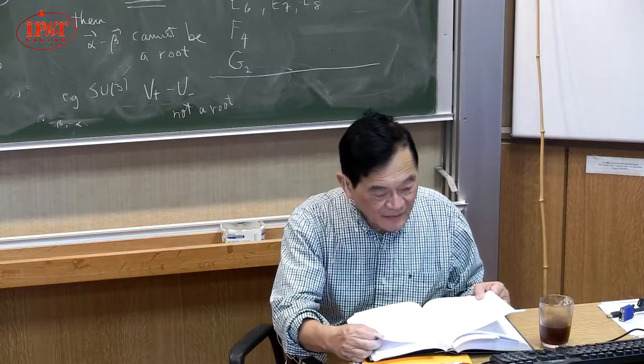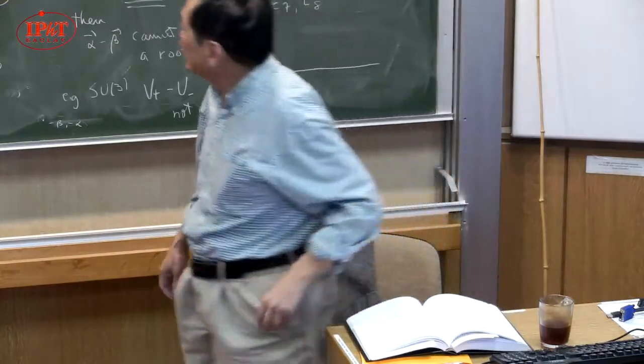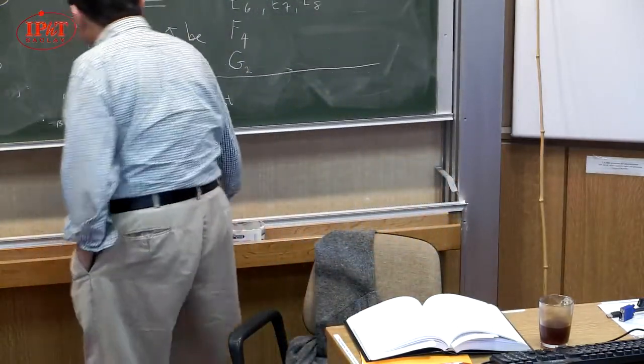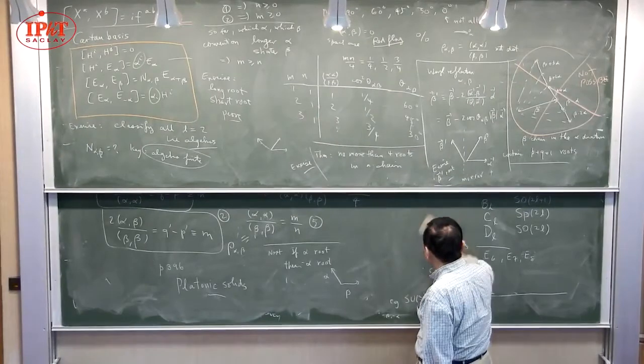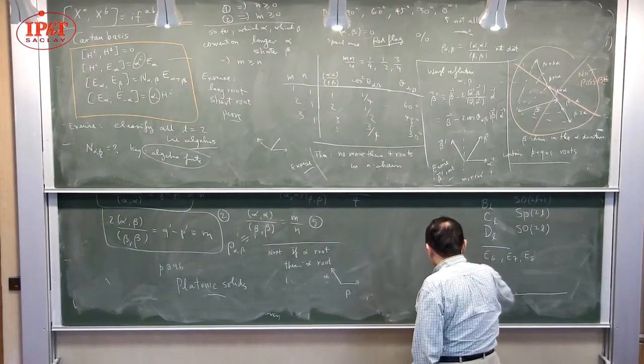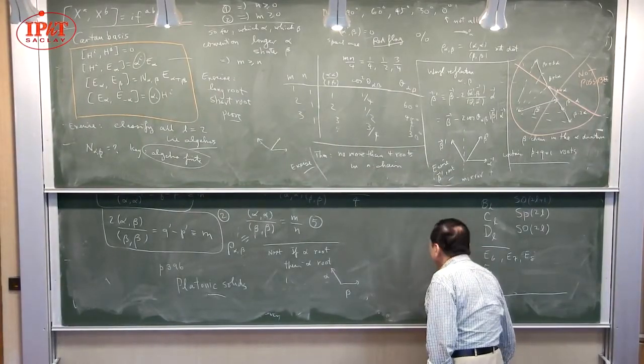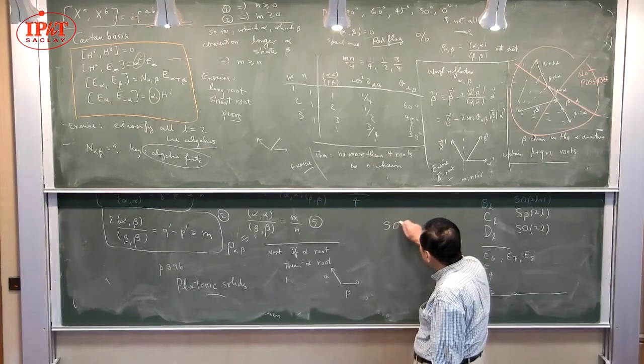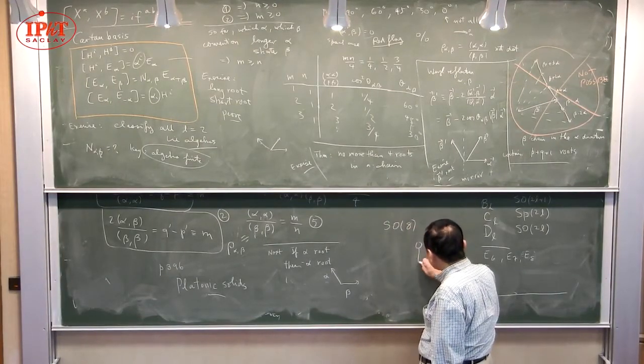By the way, Dynkin diagrams also show a lot of symmetry. For example, the Dynkin diagram for SO(8) is like this.